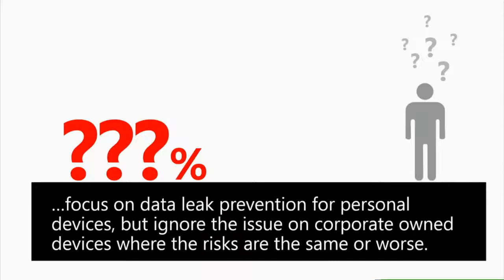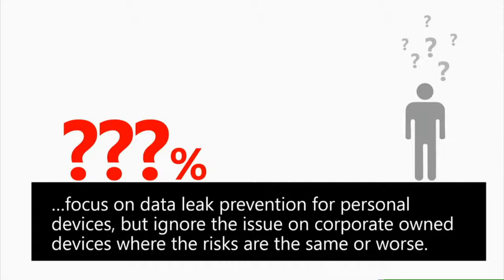But it is just as important to have a data leak prevention solution on a domain-joined or corp-owned device. Think about it, many of us might be doing personal stuff even if the device is owned by the corporation. In those scenarios, we really don't know today how many solutions are focusing on that. So we wanted to come up with something that focuses on both the user-owned devices as well as the corporate-owned devices.